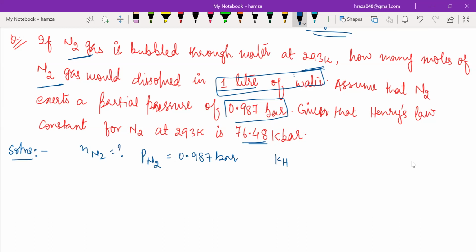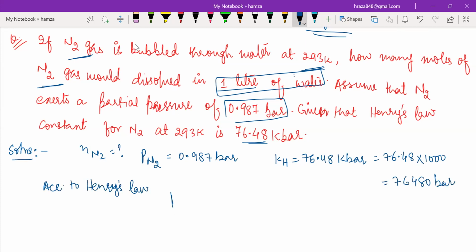Now we are going to apply Henry's law. According to Henry's law, I can write P is equal to KH into zeta. This is the mole fraction of the gas, and this is the pressure, because I already told you that this partial pressure is for the gas and the mole fraction is also for the gas.